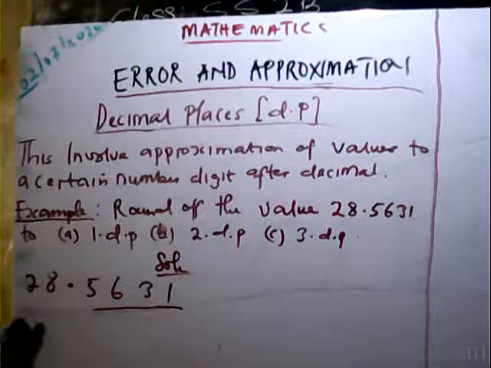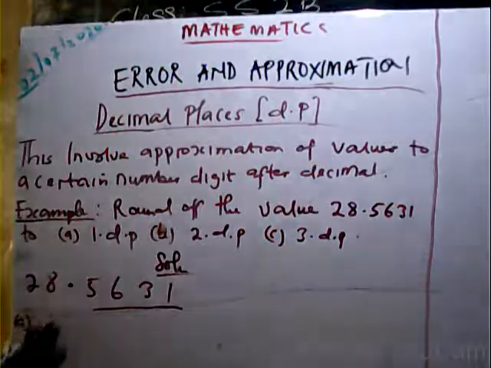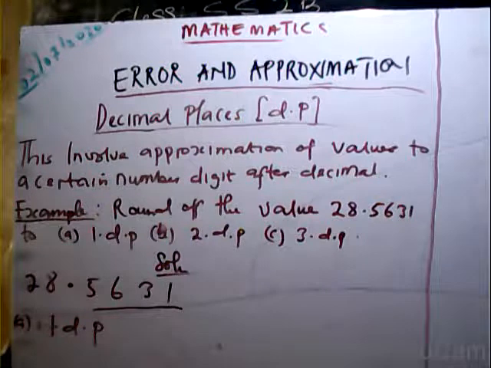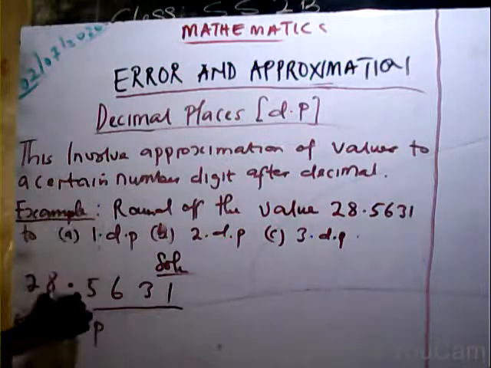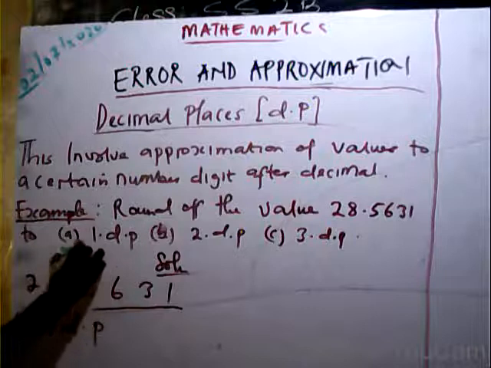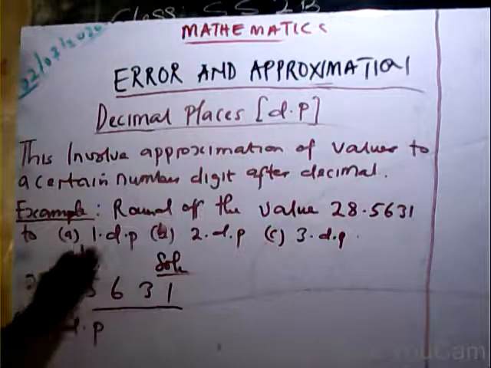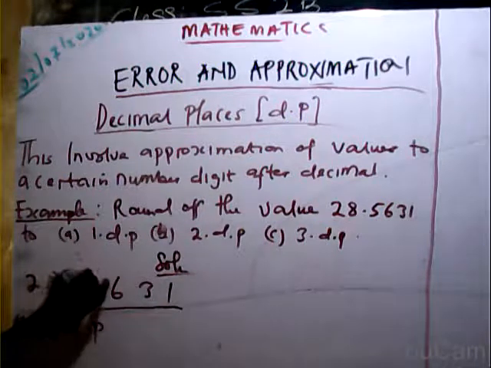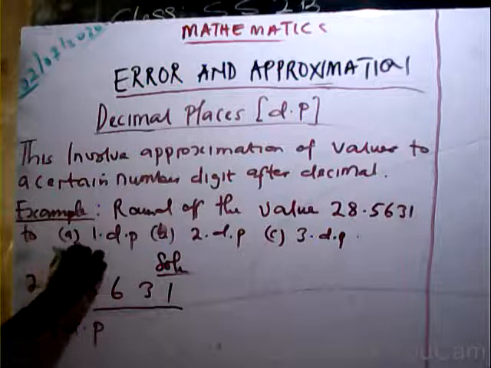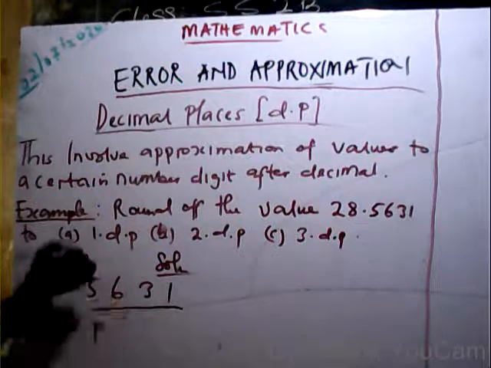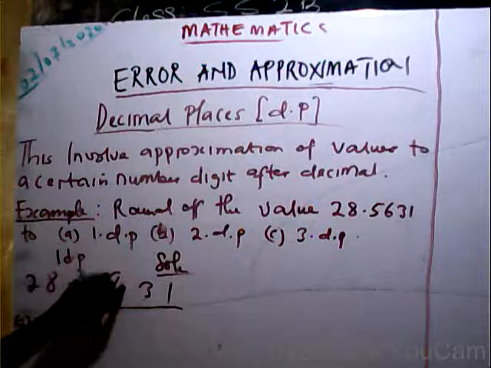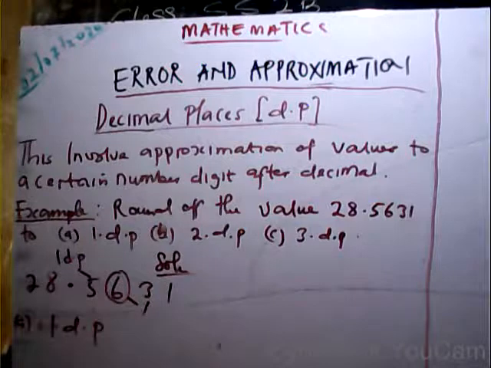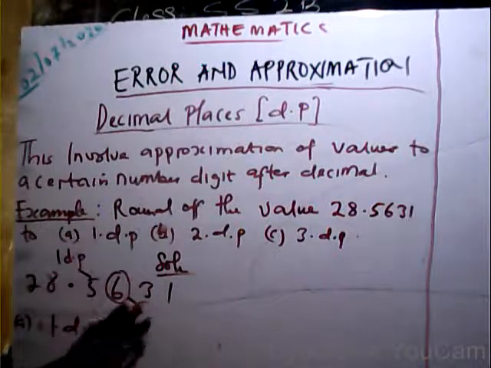Now for the first one, 1 decimal place. Definitely this is the first number after the decimal, so this is the 1 decimal place. Since the number that follows this 5 is 6, you round the 6 up to 1.